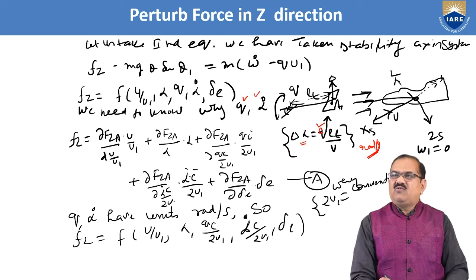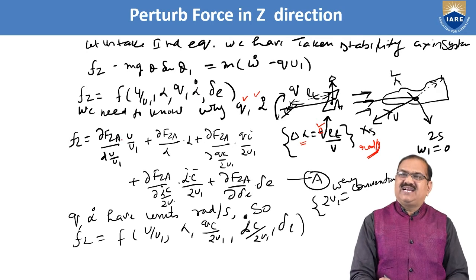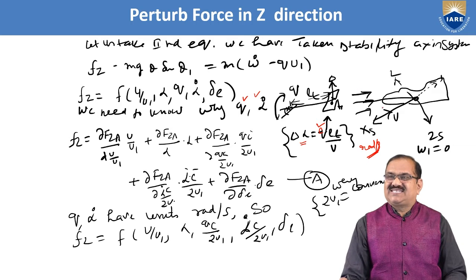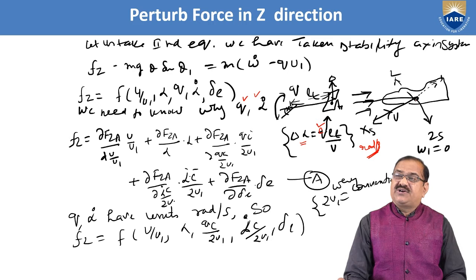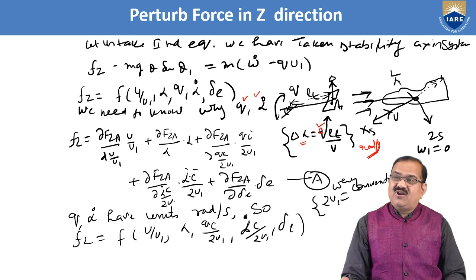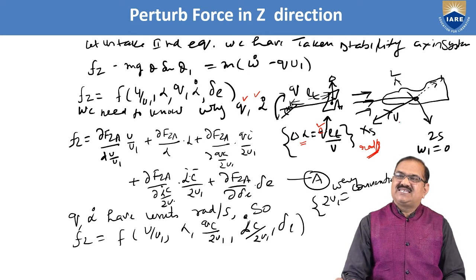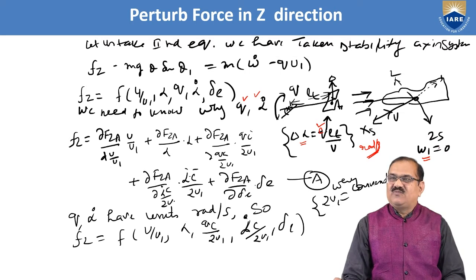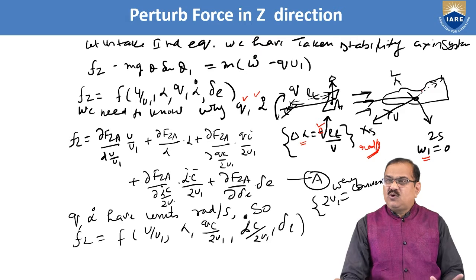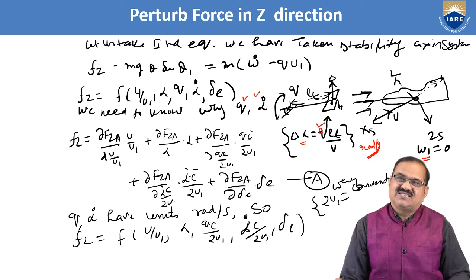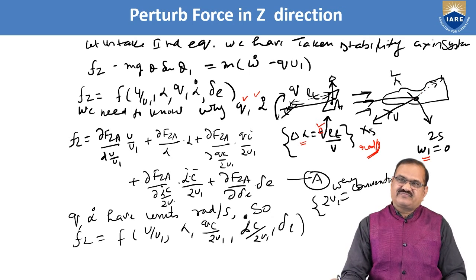Now we have to understand that for the stability axis, the axis is turned towards the relative velocity. So in this case, we don't have any W1. W1 becomes 0. And lift is perpendicular to this and drag is parallel to this. So this is the advantage of the stability axis system.